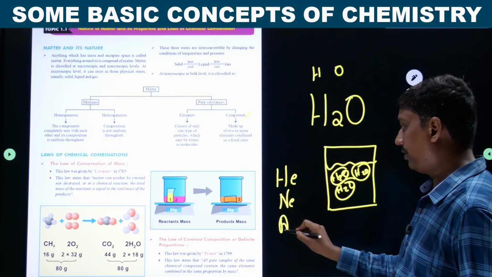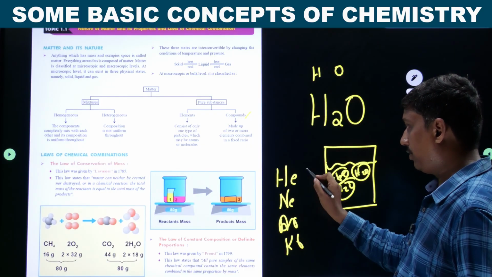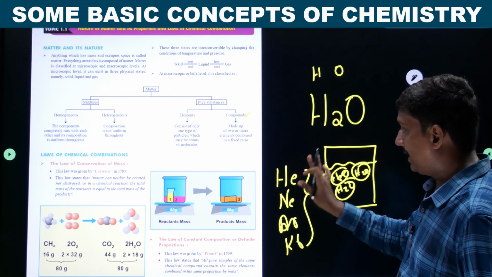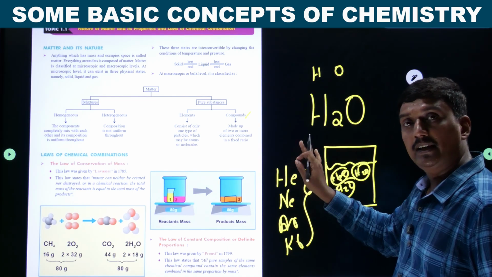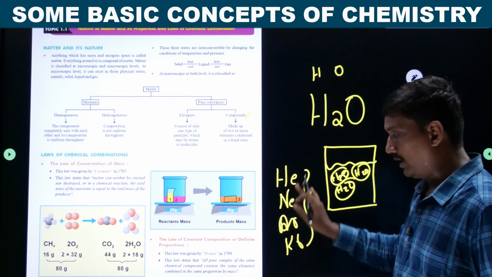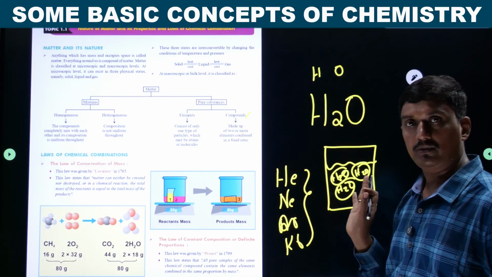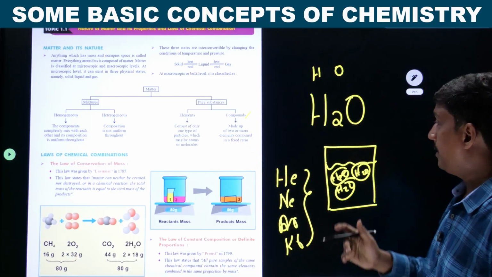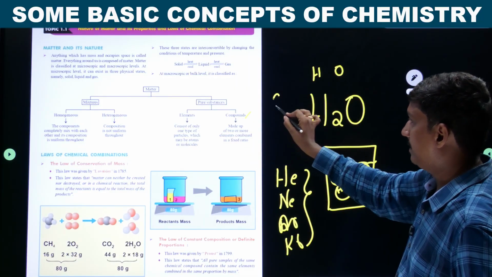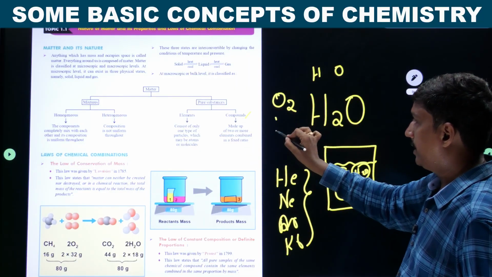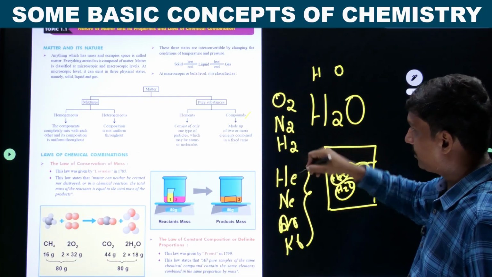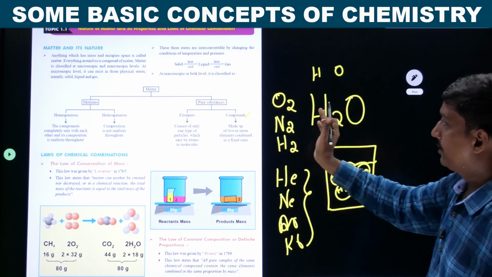Neon, argon, krypton, these are all noble gases. These gases exist in the free state, which is said to be the elemental or atomic state. Some of the elements exist in molecular state, for example O2, N2, H2. This is a molecule. This is a pure substance.